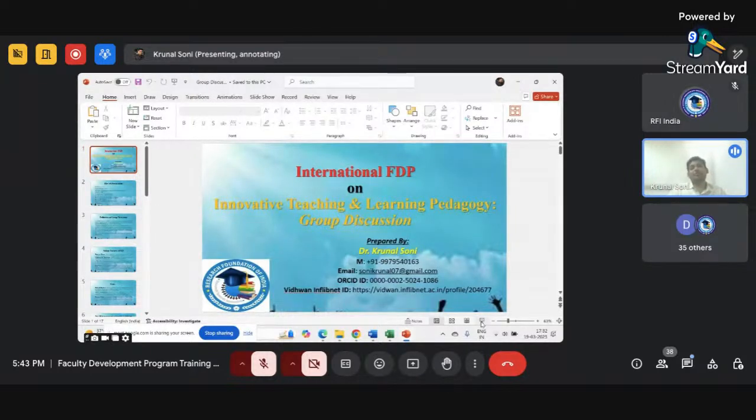The salient features of group discussion: when we plan to conduct a group discussion, first and foremost is the topic and theme. The topic and theme should have direct relevance to the target audience, so we must take the target audience into consideration. I cannot give robotic topics to a person from commerce and management, because that is irrelevant.